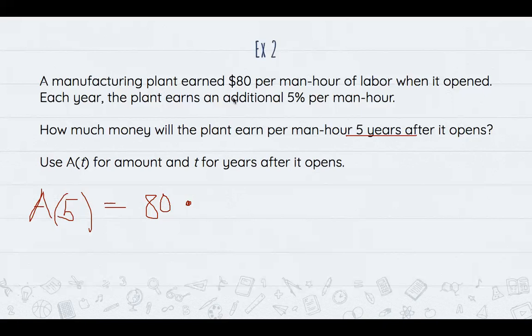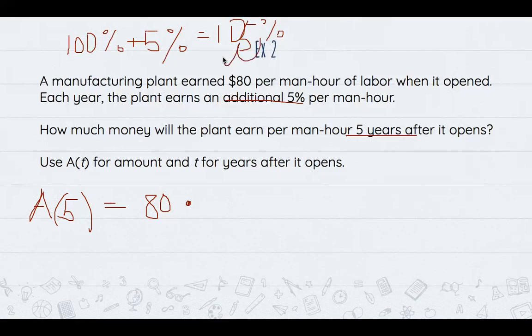And that is because it says additional 5%. So the original is already 100%. But since it's asking for 5% more, 100 plus 5% gives you 105% total. But we don't do percent in the function, so we'll make it into a decimal.